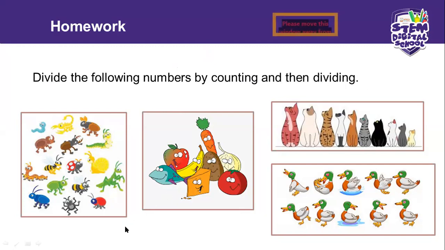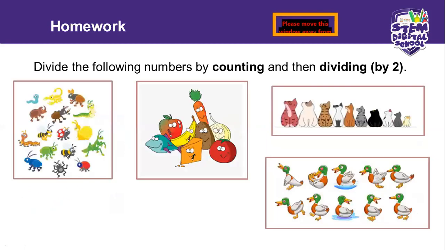Remember, when we write, we start from the left to the right, so we are going to count from the left to the right. 1, 2, 3, 4, 5, 6, 7, 8, 9, 10, 11, 12, 13, 14, 15, 16. Did you all get 16? Yes, ma'am. You did. Okay.